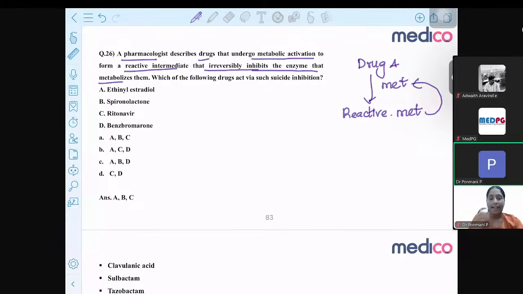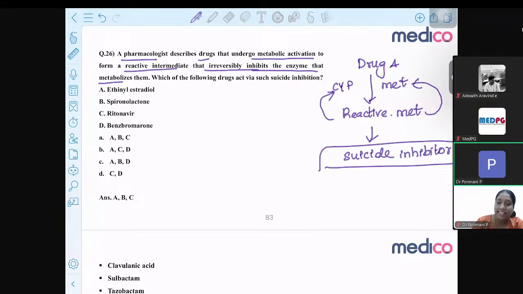Drug A is getting metabolized by, let's assume, some CYP enzyme, and the metabolite which is formed is also going to inhibit the same enzyme by which it gets metabolized. This drug is called a suicide inhibitor. That is, it inhibits its own metabolism. Okay, so this suicide inhibitor acts covalently at the same binding site of the enzyme and inhibits it.